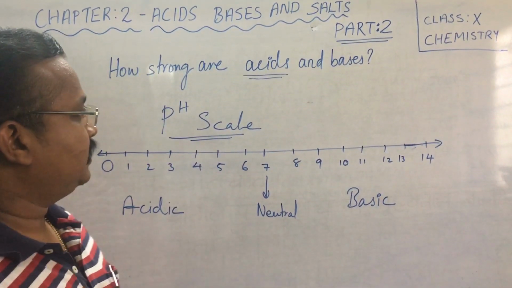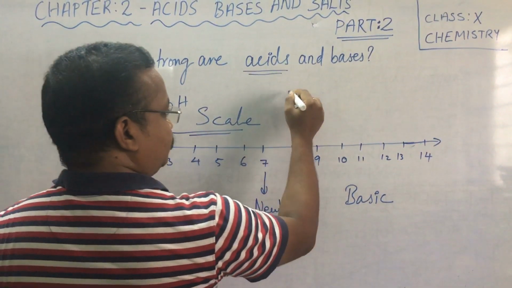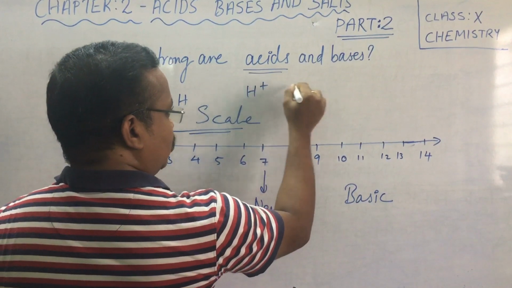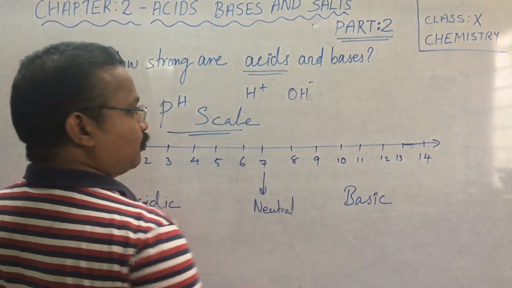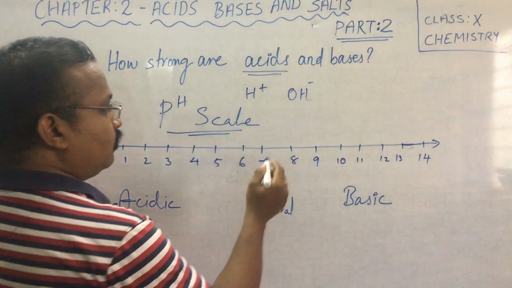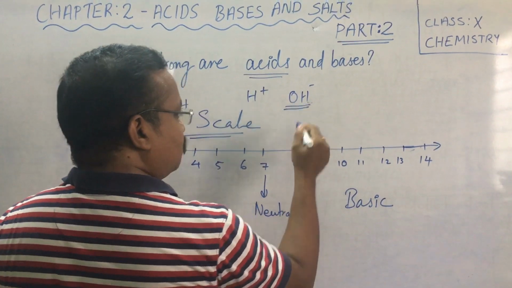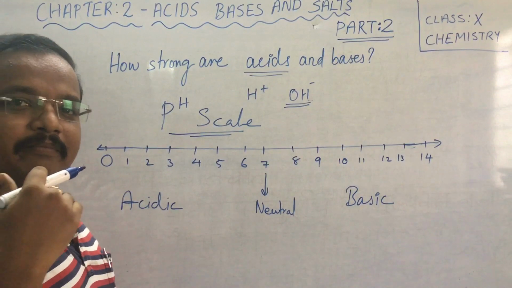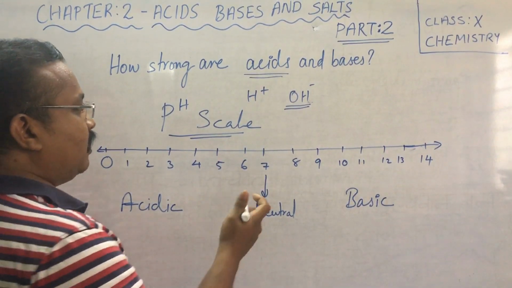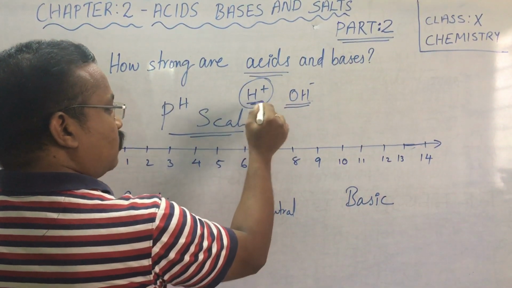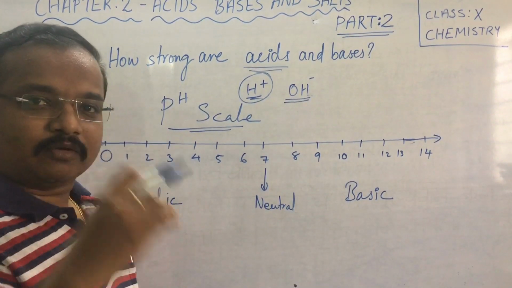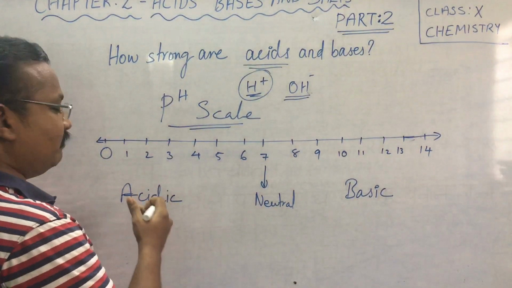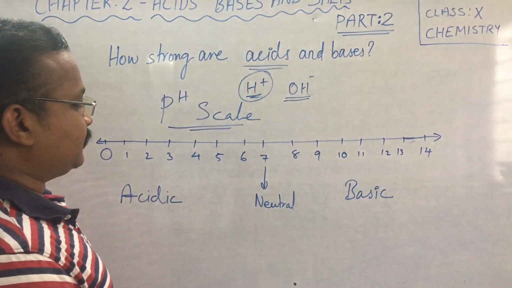So that means the amount of H positive as well as OH negative is what I am talking about here. If the amount of OH minus is more, then the substance will behave more basic in nature. If H positive is more in the solution, then it will behave like an acidic species.